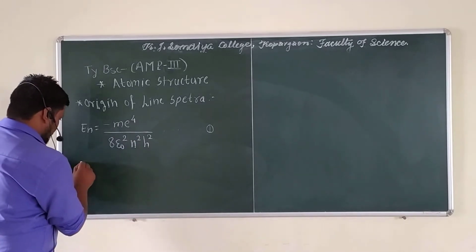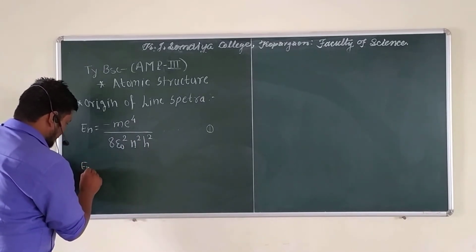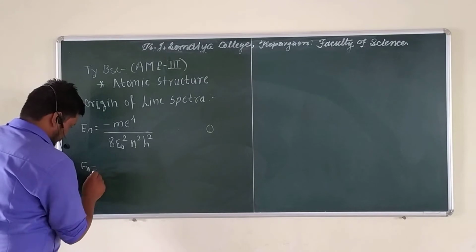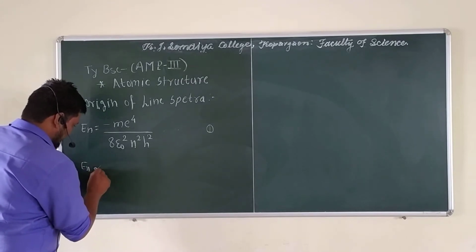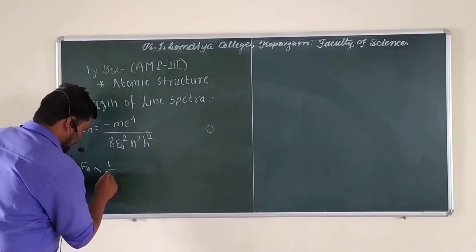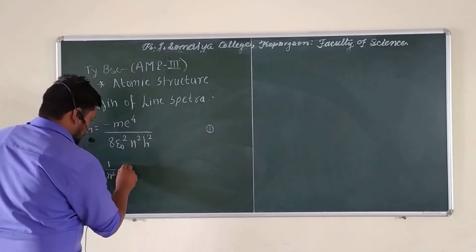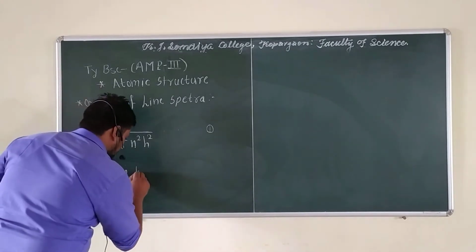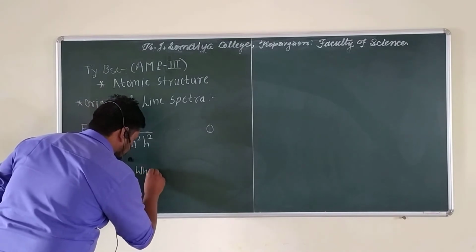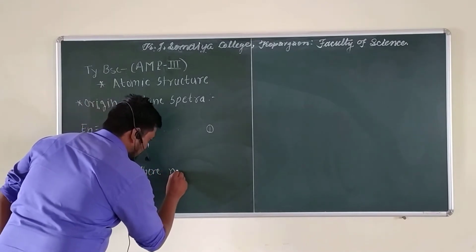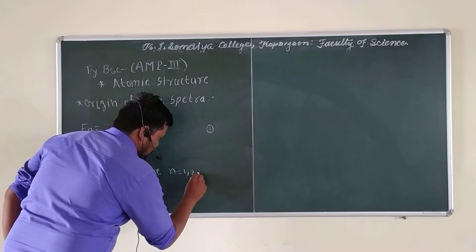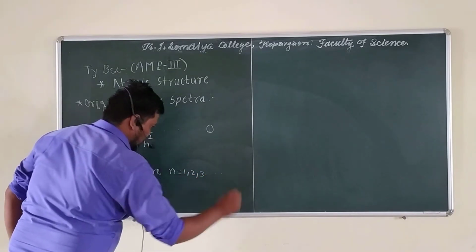So En is directly proportional to 1 by n square, where n is the principal quantum number, n equal to 1, 2, 3, and so on.